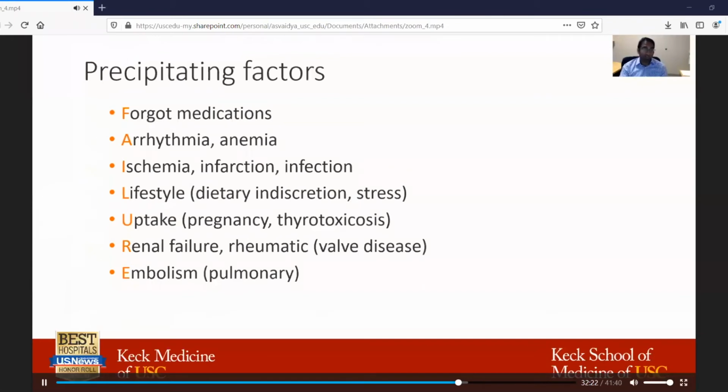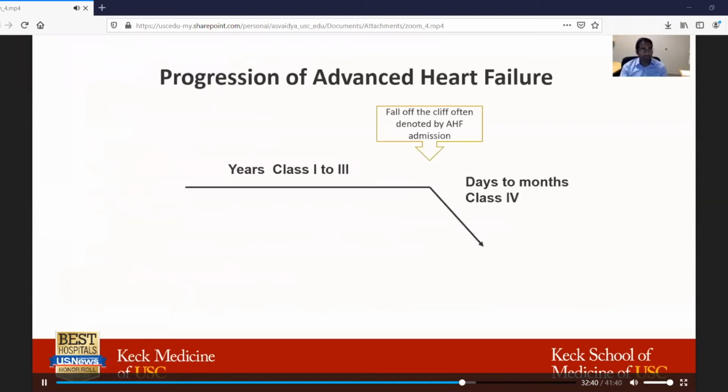Whether there's things like thyrotoxicosis, or they might be pregnant, that can be causing more strain on their heart, and then things that will cause exacerbation with renal failure, rheumatic or valvular disease, or pulmonary embolism.